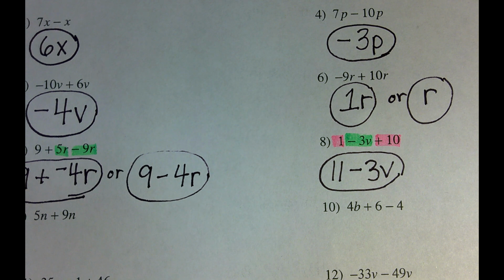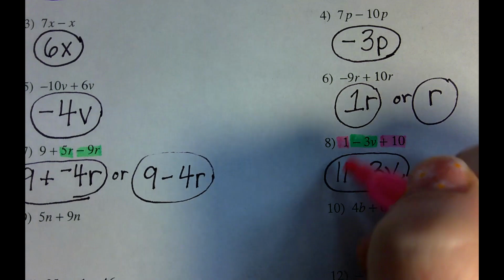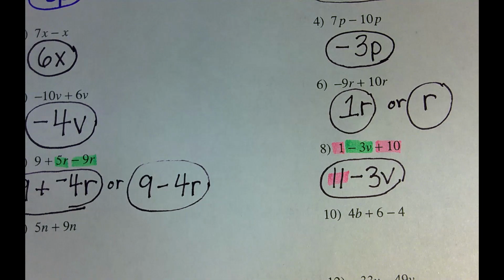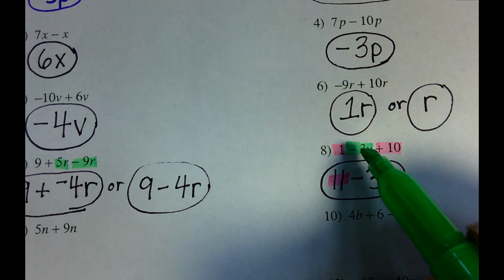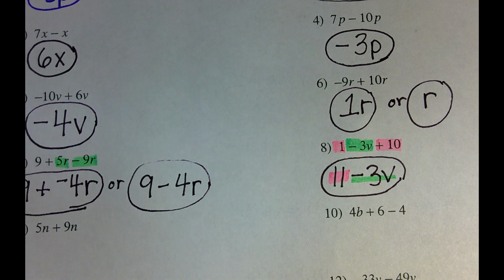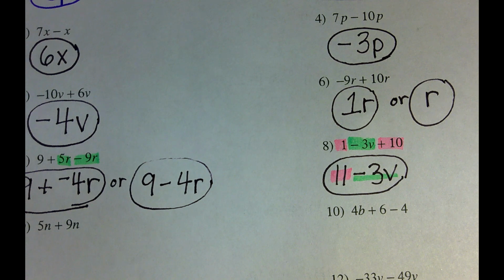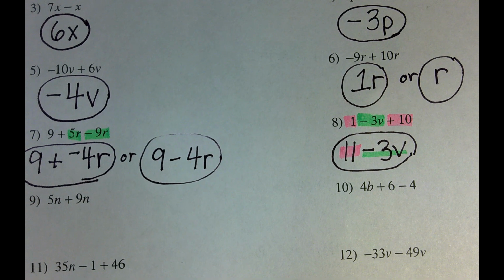So, 1 plus 10 is 11. And then I just take my minus 3v and put it next to 11, because we can't put those together. They don't have the same variable. They are not like terms. Does that make sense? Yes. Okay, good. Any other questions?